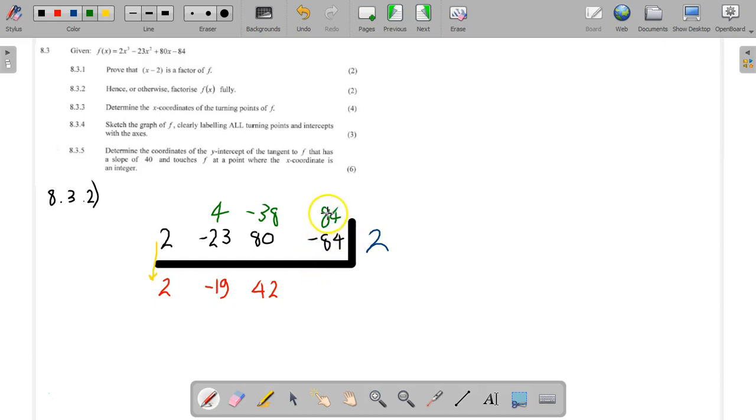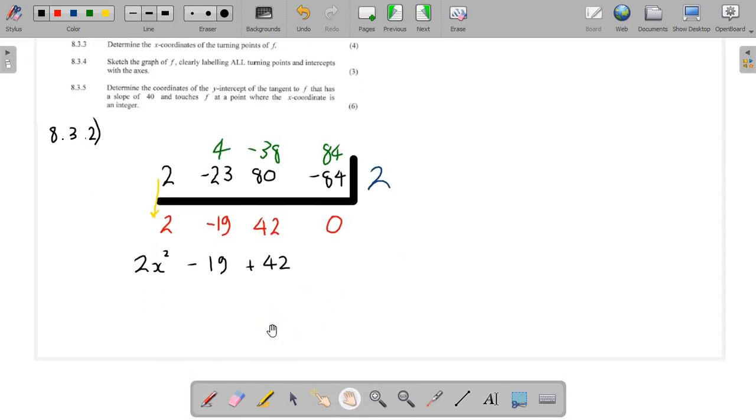And now 84 minus 84 gives me 0. Now, once I have this, I have the other factor, because I just take the coefficients, so this becomes 2x squared minus 19x plus 42. So this is the other factor.